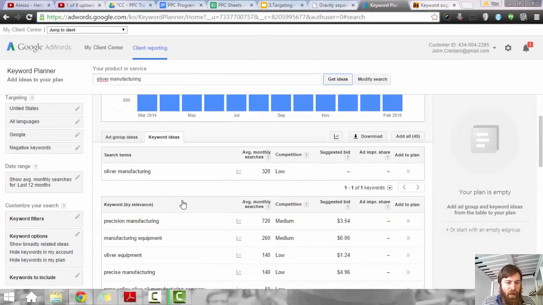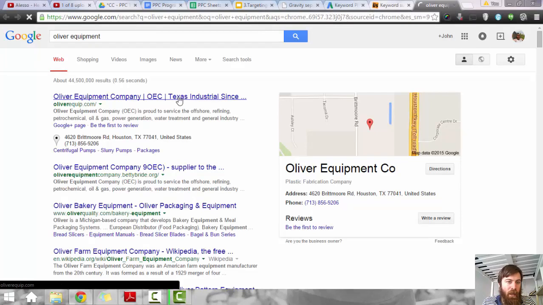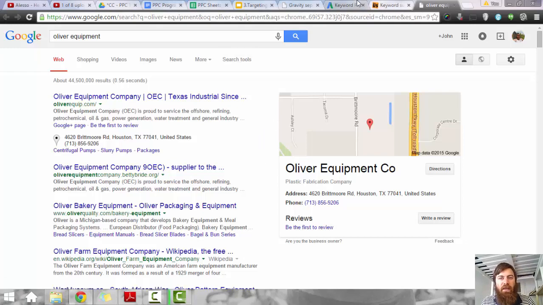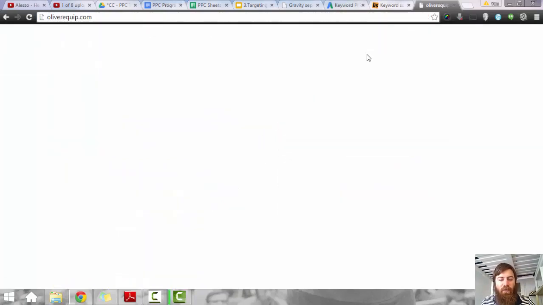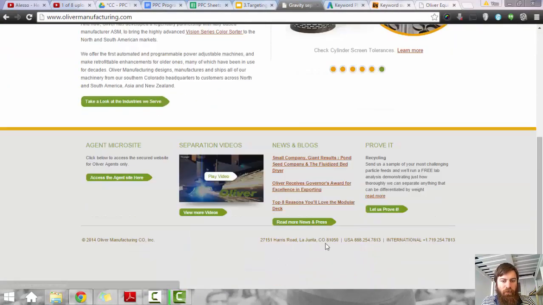So Oliver Manufacturing, Oliver Equipment. Now I don't know what Oliver Equipment is, but we might want to see, is this the same thing as Oliver Manufacturing? Oliver Equipment Company. This looks like a different company from Oliver Manufacturing because it's based in Texas, whereas the other company was based in Colorado.